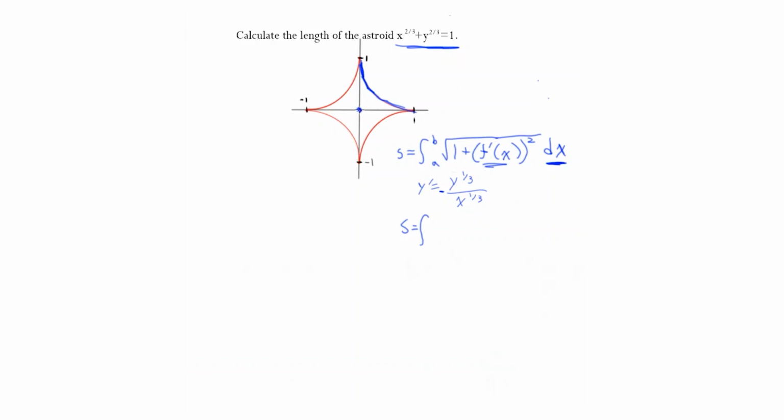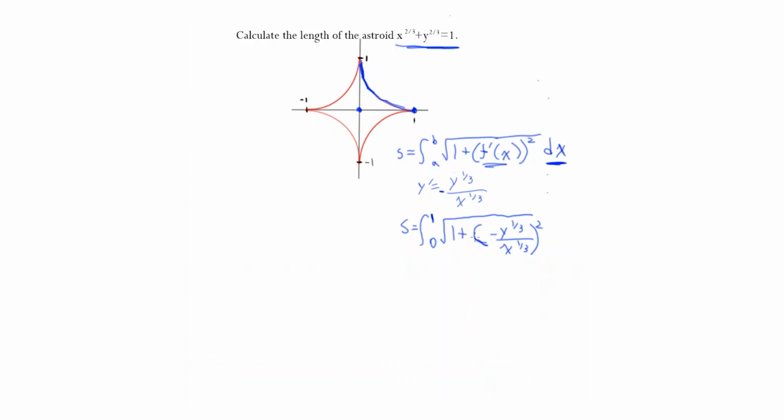So we should start from here, which is 0. Let me put that on the bottom. And then we're going to go out to 1 in terms of the x component. So it's 0 to 1. Since we're taking this in terms of x, and then we just slap our new y prime in there.